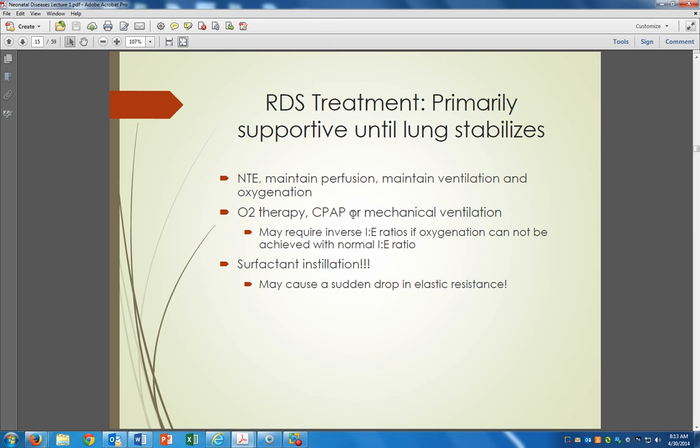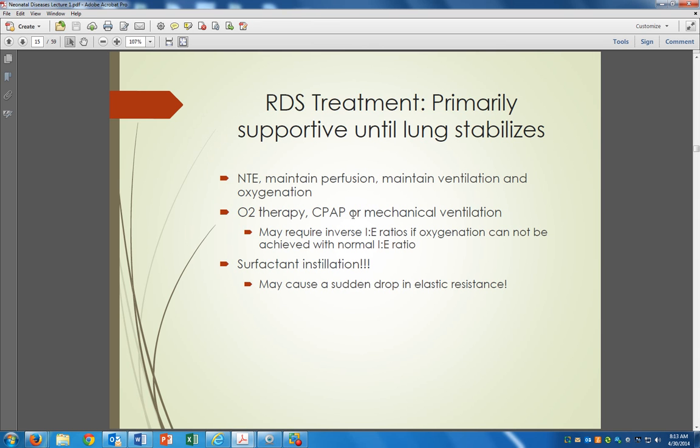Now, in some instances, we've talked about ventilation in RCP 1-210, and we talked about inverse ratios. Now, quite honestly, we've gotten away from inverse ratios, but essentially high-frequency oscillation ventilation is going to effectively give you the same effect, which means it distends the alveoli to the point that it would be similar to what would happen with an inverse I:E ratio.